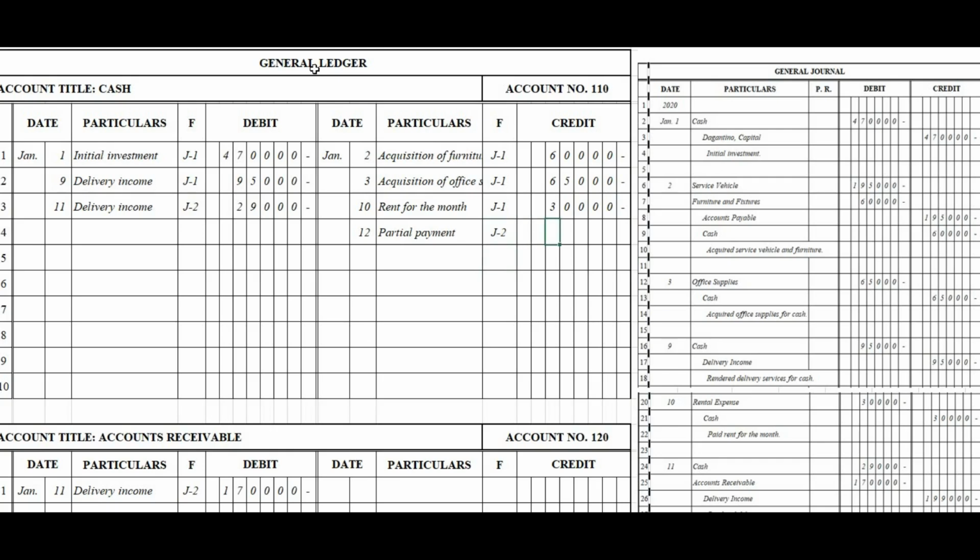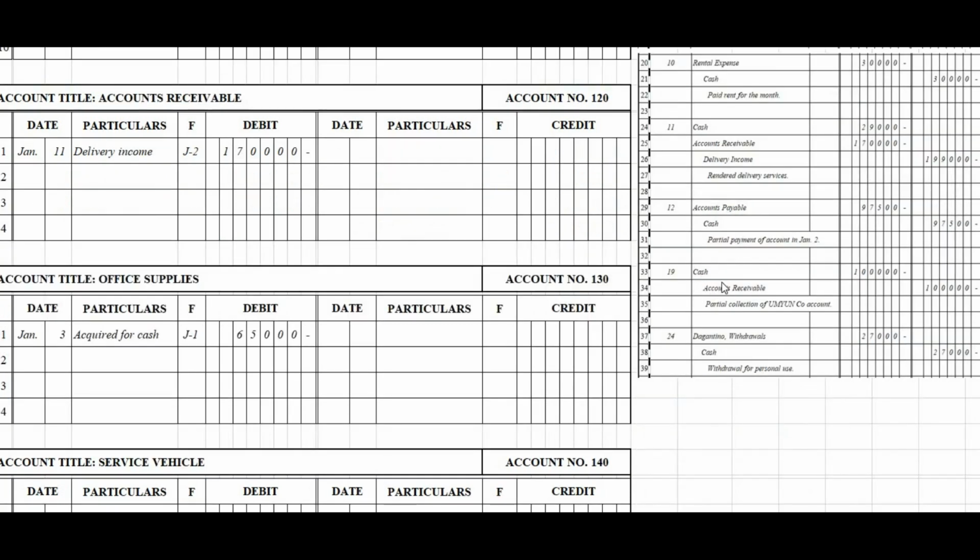So you have 97,500. Okay? So, yun lang, no? You're just to transfer your journal entries in your general journal to your general ledger.